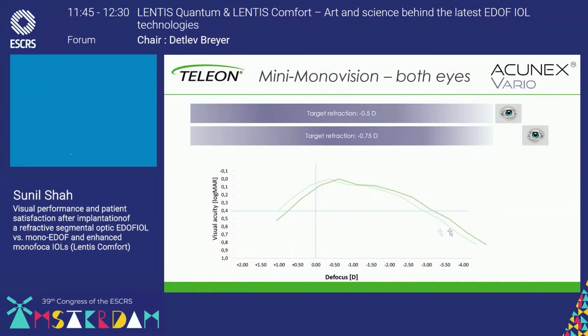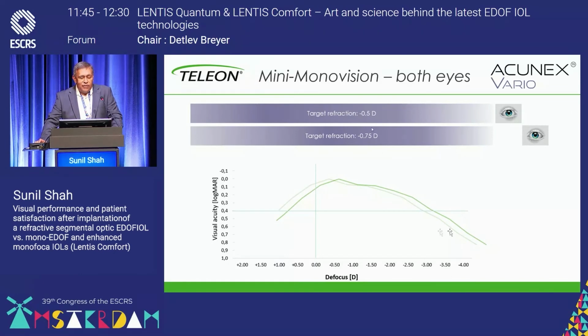Depending on the patient, another good solution, don't do it very often, but you find a non-driver and you put one eye at -0.5, the other eye at -0.75, and you have a distance acuity of 0.1. So still excellent distance vision.